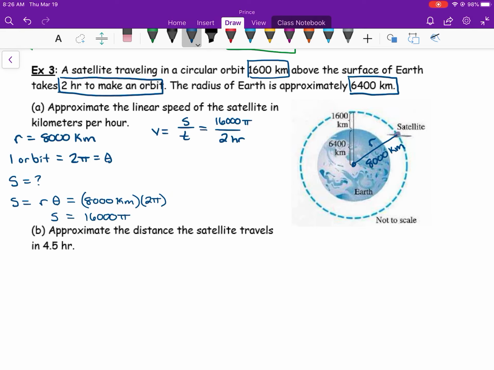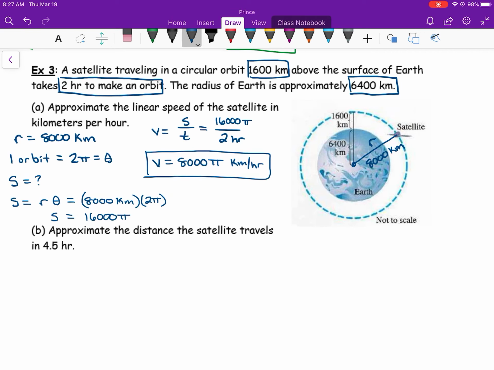16,000 pi over 2 hours. So that's a nice easy simplification. So we get our linear velocity is 8,000 pi kilometers per hour. So our satellite is traveling pretty fast.